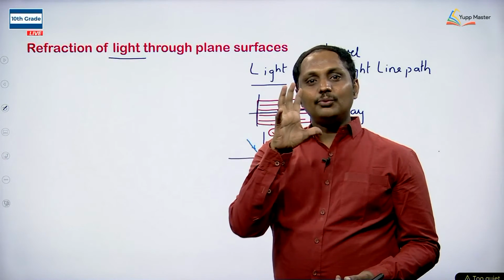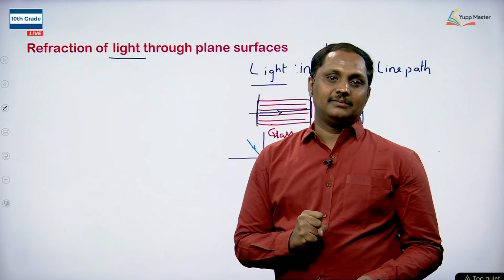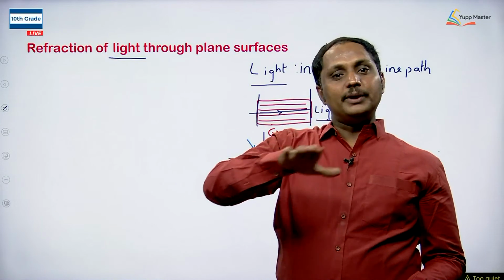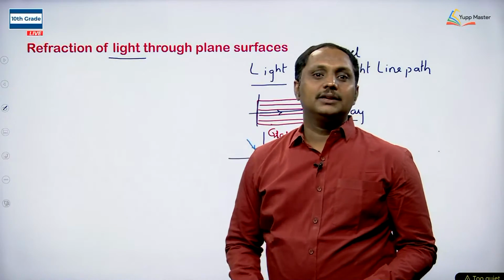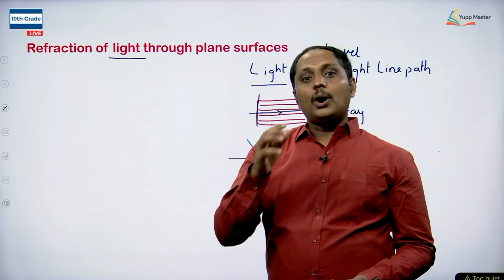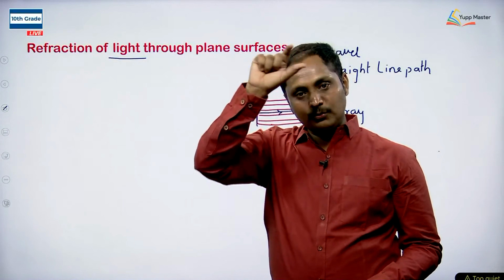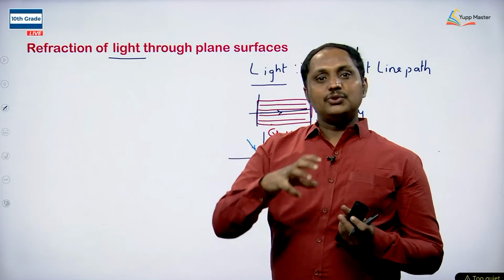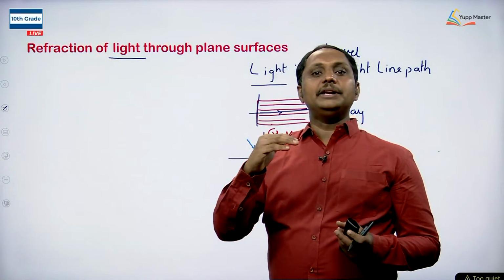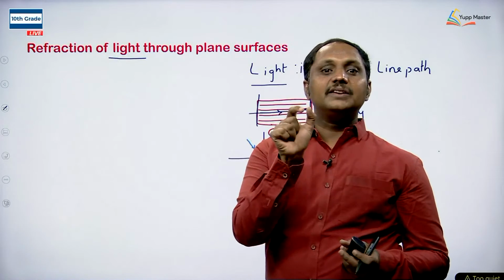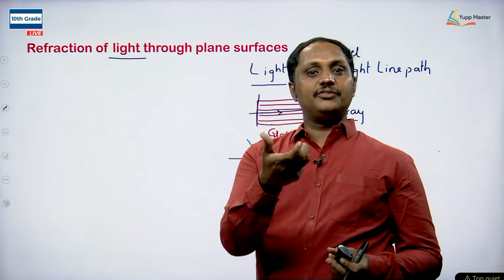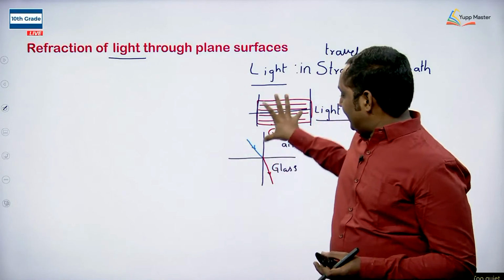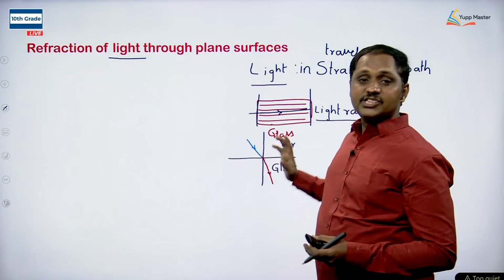There is no bending of light rays, no change in its path, it moves in a straight line path. What happens when we allow the light to pass from one medium to another? What are the observable changes that you have noticed? First thing, the direction of the light is going to change.